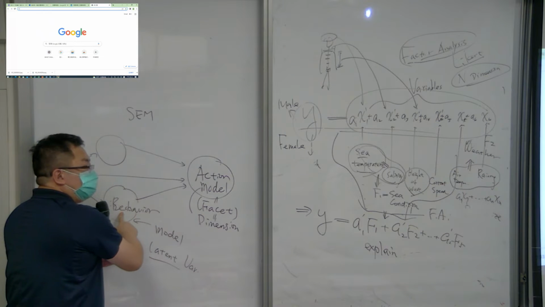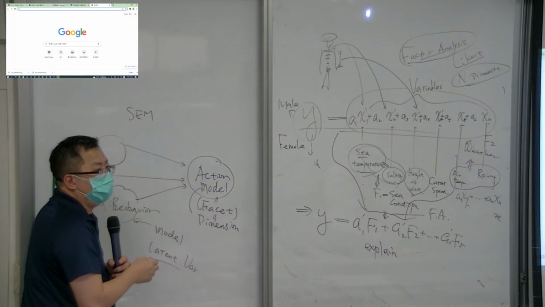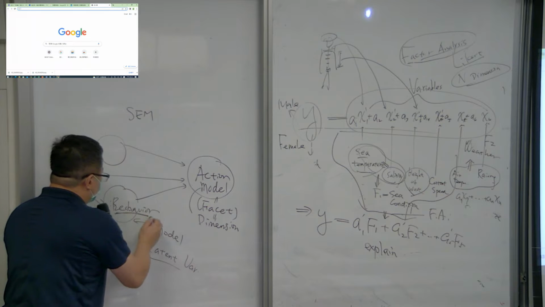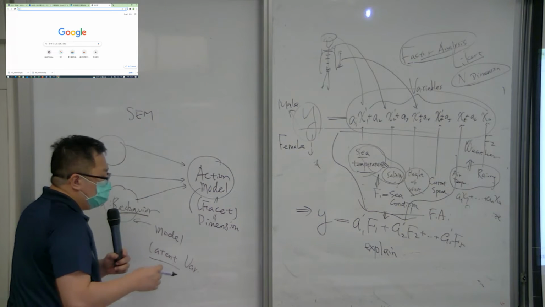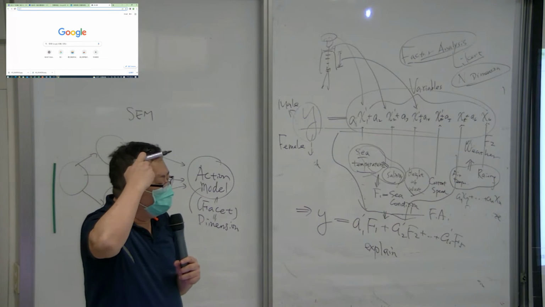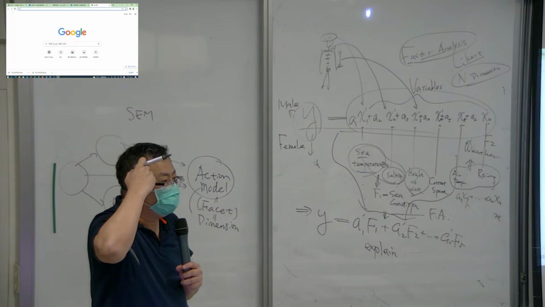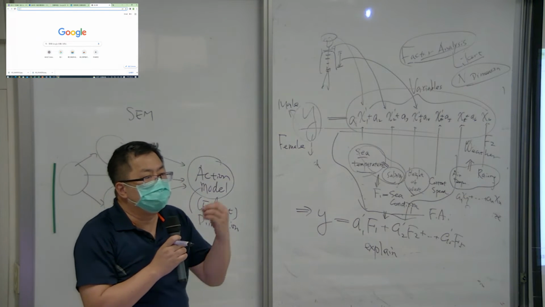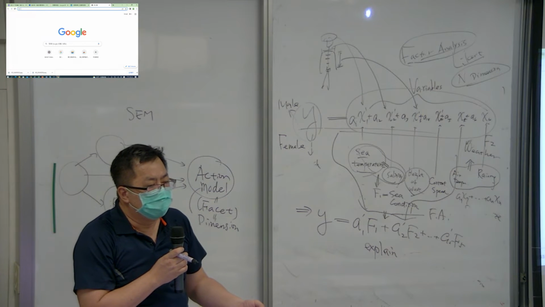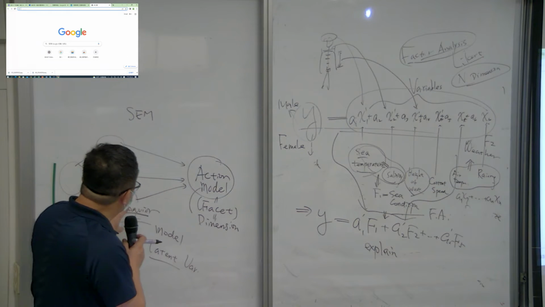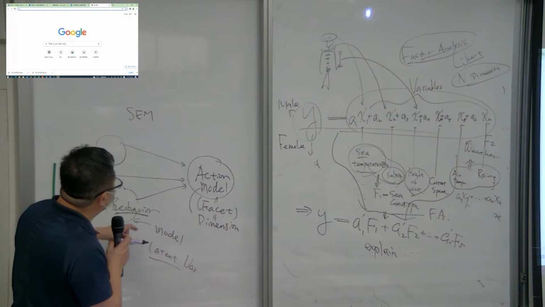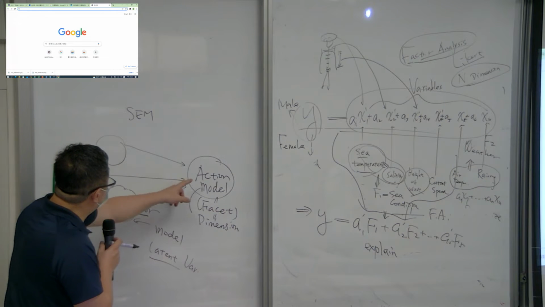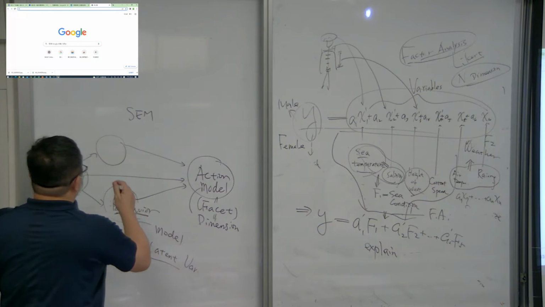If you are industrious, you will do that, right? But this is an imagined variable. It is latent. It's not so easy to measure. But this is what we call a model. For example, change.